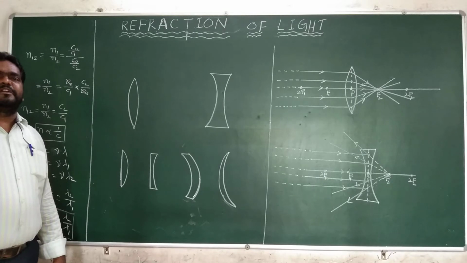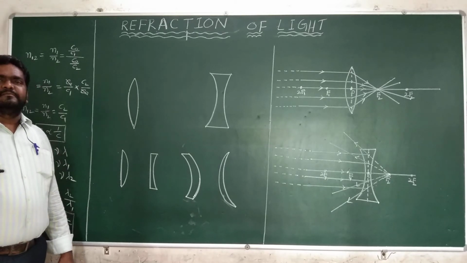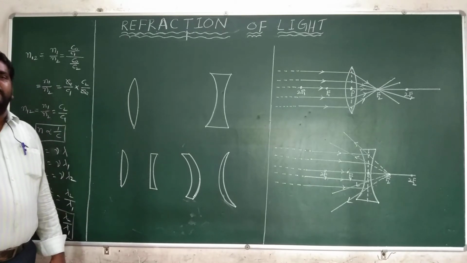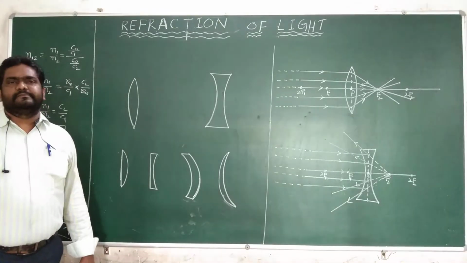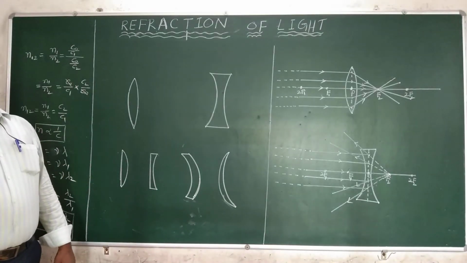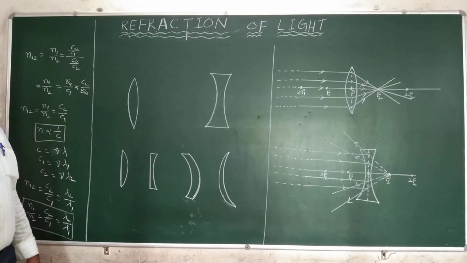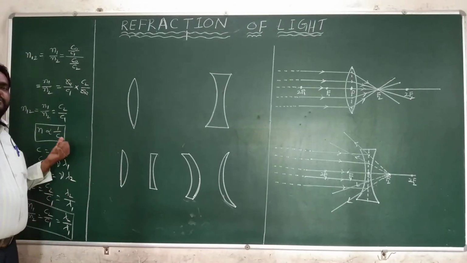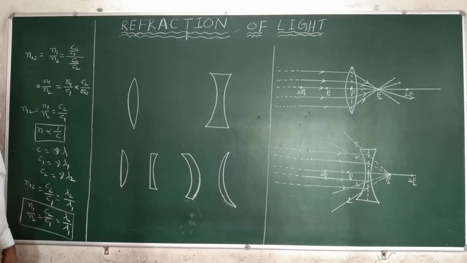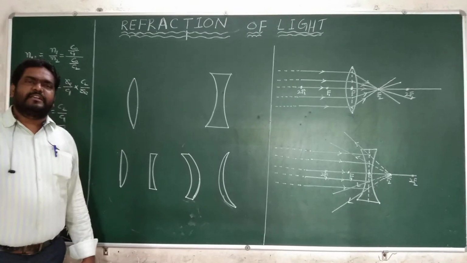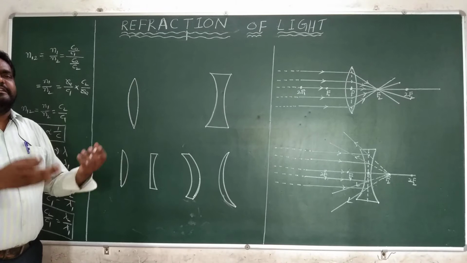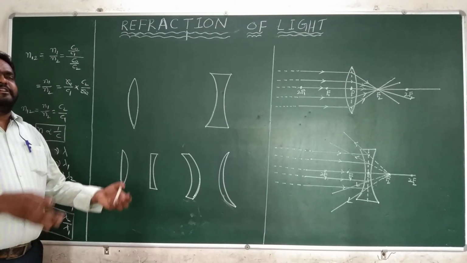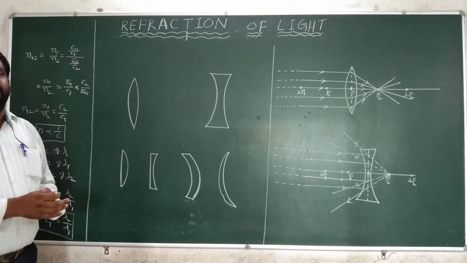The ability of a medium to refract light is called optical density. The medium which has more ability to refract light has more optical density. It is the optically denser medium.